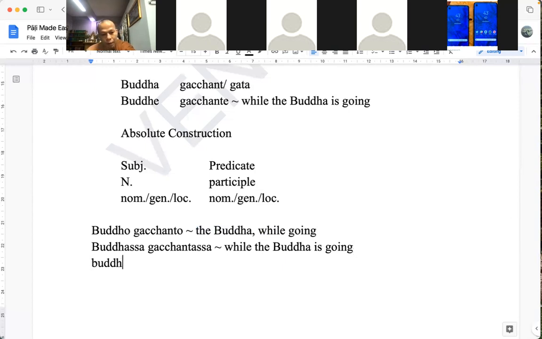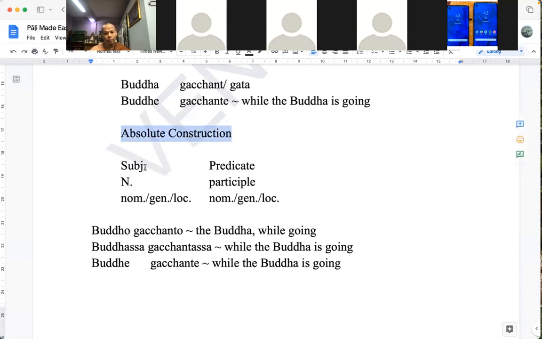And Buddhe gacchante, or gacchante, any of them has the same meaning: the Buddha is going. In this way the absolute sense can be shown. In the absolute construction, the subject will be a noun and the predicate will be a participle. The participle may be present or past based on the context.